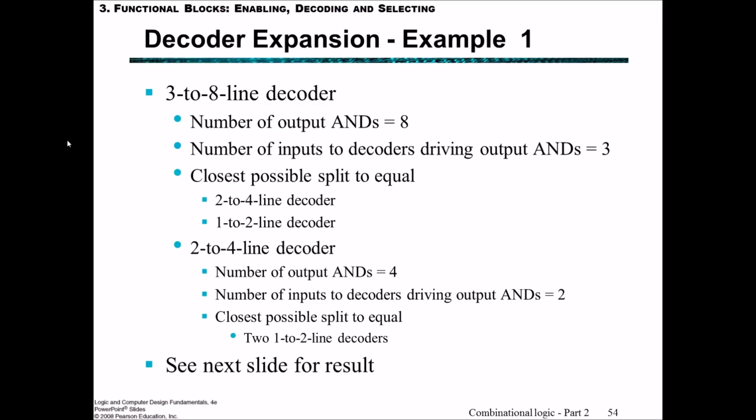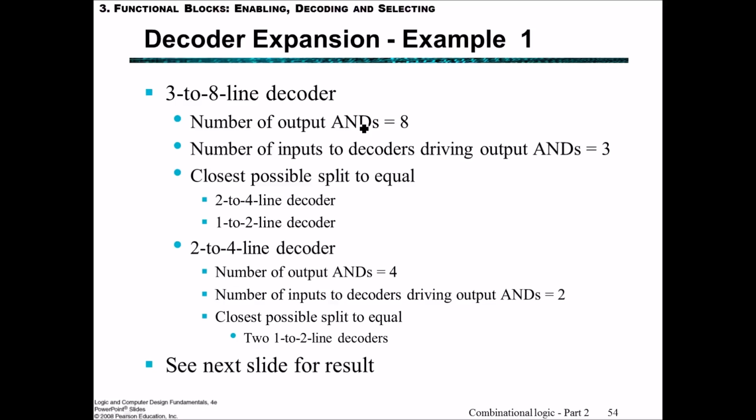Here's a decoder example where we want to go from 3 inputs to 8 outputs. So we have a 3 to 8 line decoder. As I said, the first step is to work backwards from that number of outputs. We have 8 outputs, m equaling 8, so we have 8 AND gates at the end. The number of inputs to decoders driving those output ANDs is equal to 3, n equaling 3.